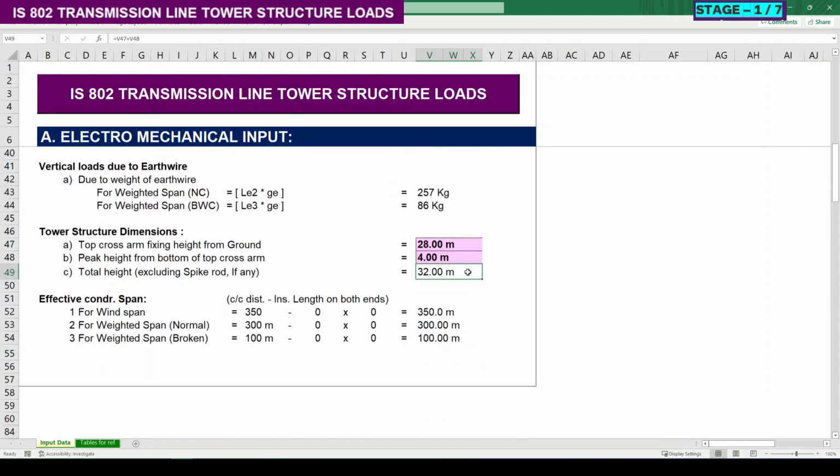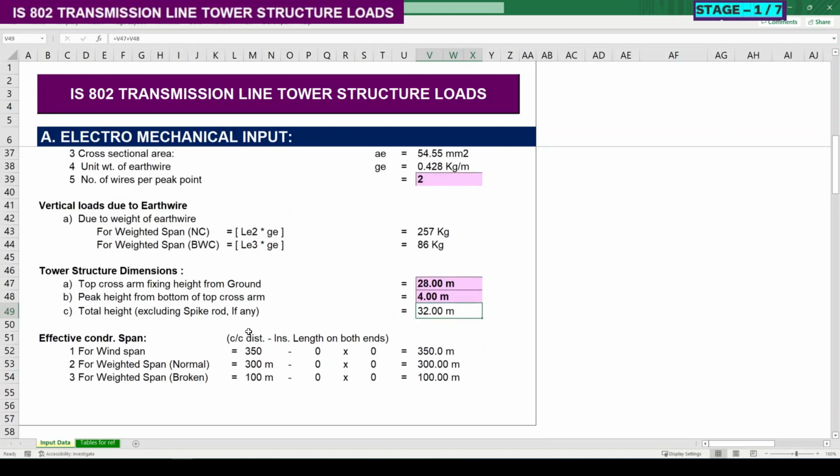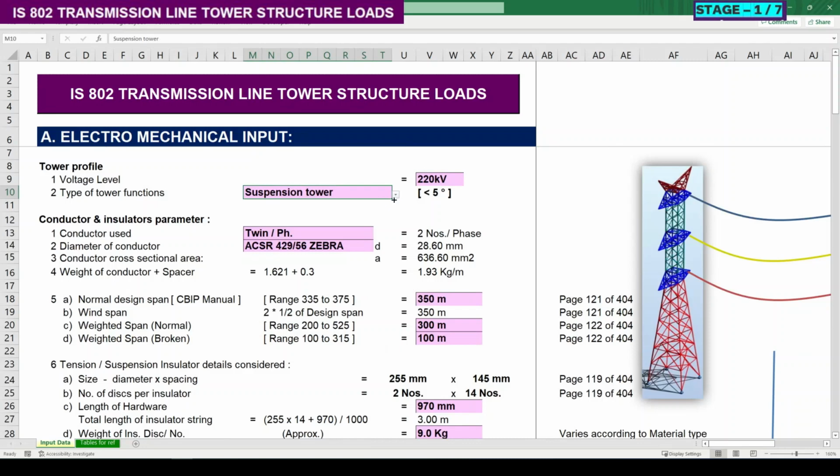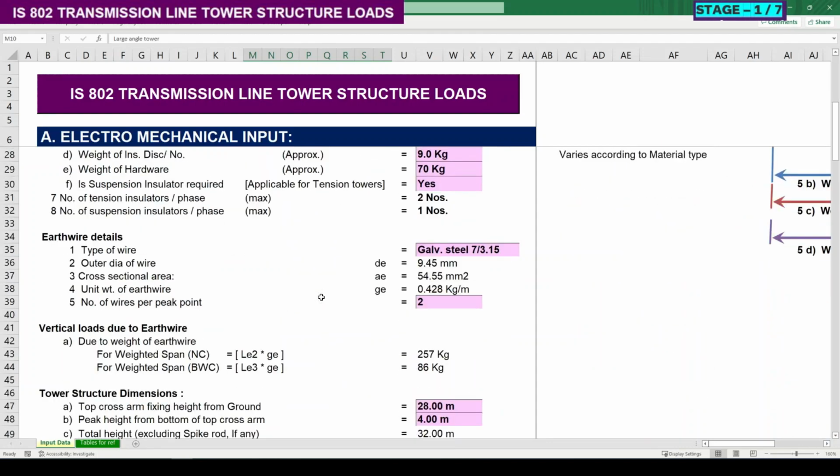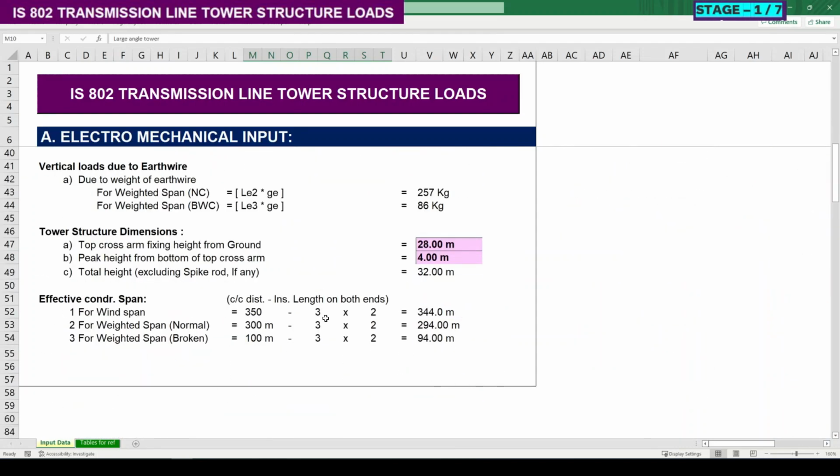So the total height of the structure is 32 meter, and the effective conductor span we are calculating by deducting the tension insulators. In this case we are designing only the suspension tower, so there is no tension insulator, so the value is 0 here. Suppose we are going to design this as a tension tower, a large angle tower, then the tension insulator is applicable.